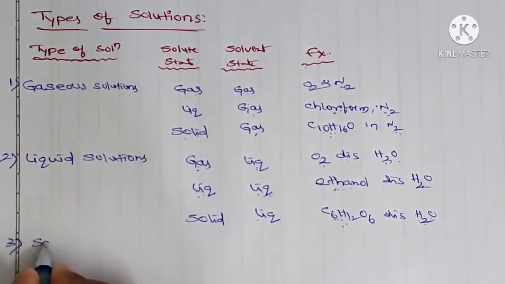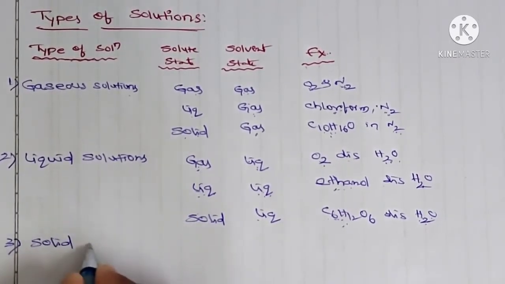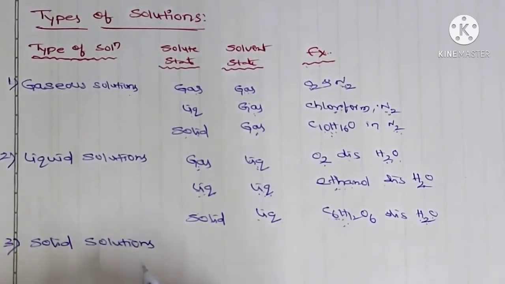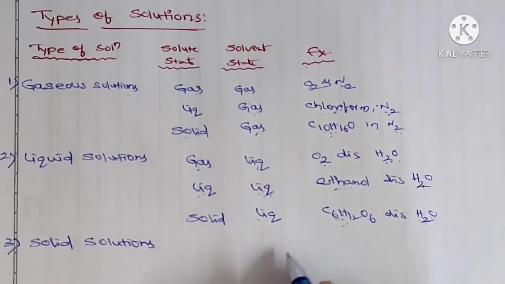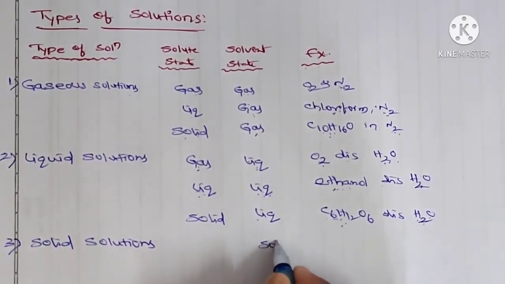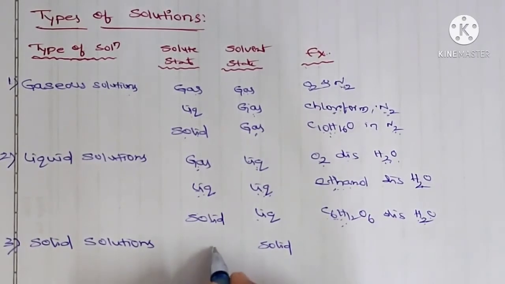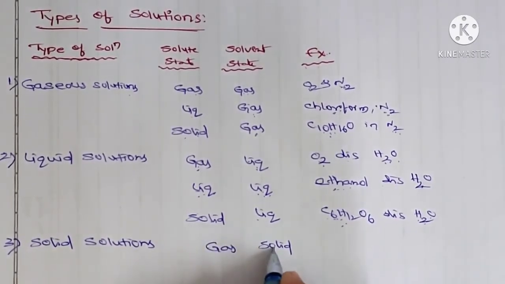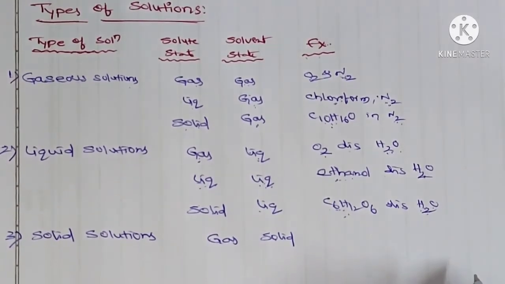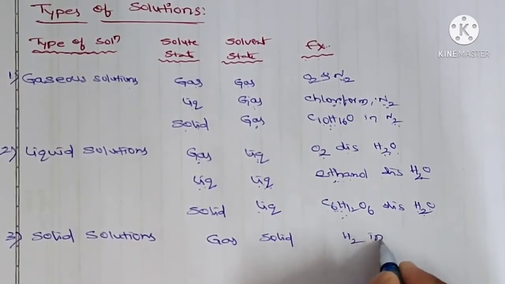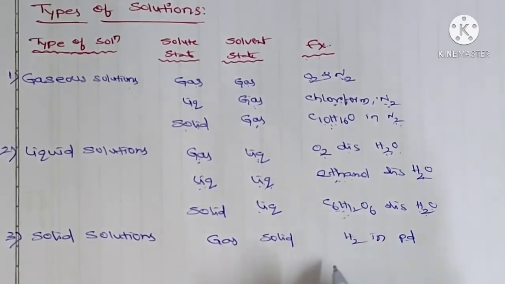And the next one, third one, solid solutions. Here the solvent state is solid and solute state gas. So gas in solid. Example, solution of H2 in palladium.